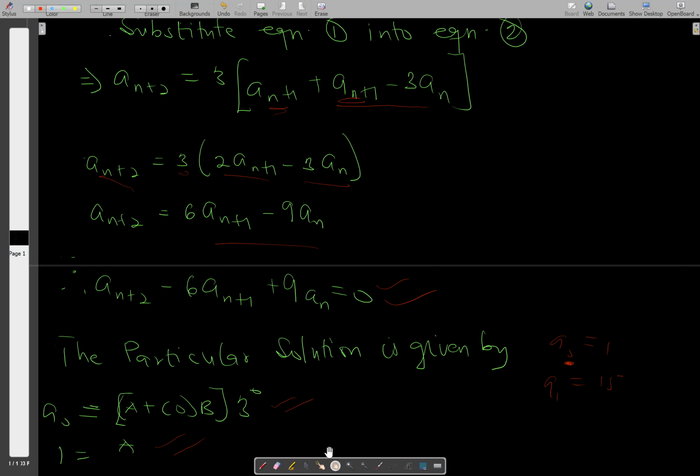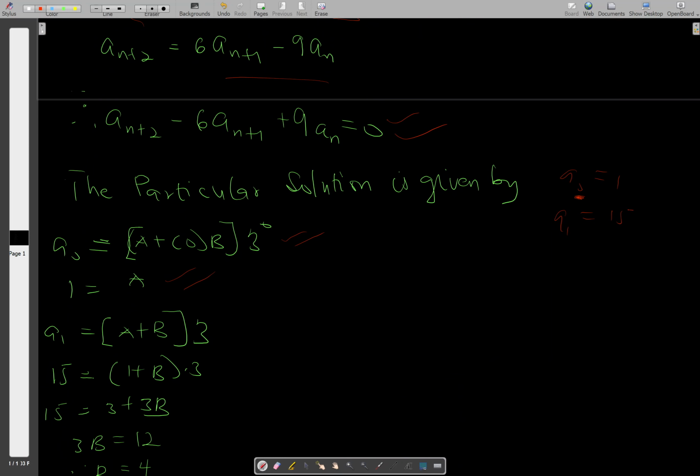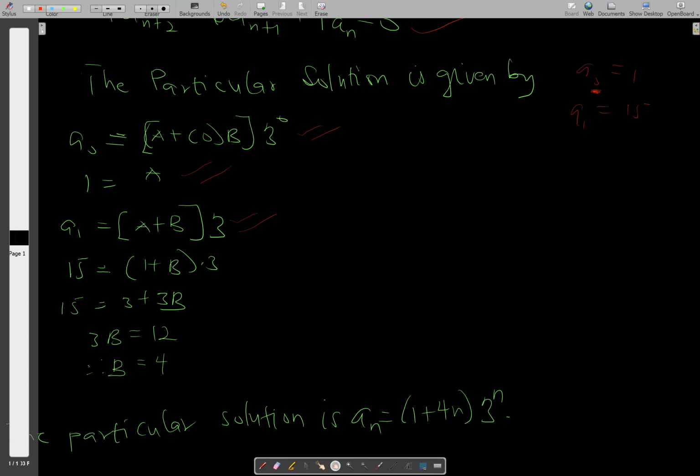Then a_1 means n is equal to 1. When you put in 1, you obtain this, and when you simplify, you get b is equal to 4, and therefore the particular solution is given by this.